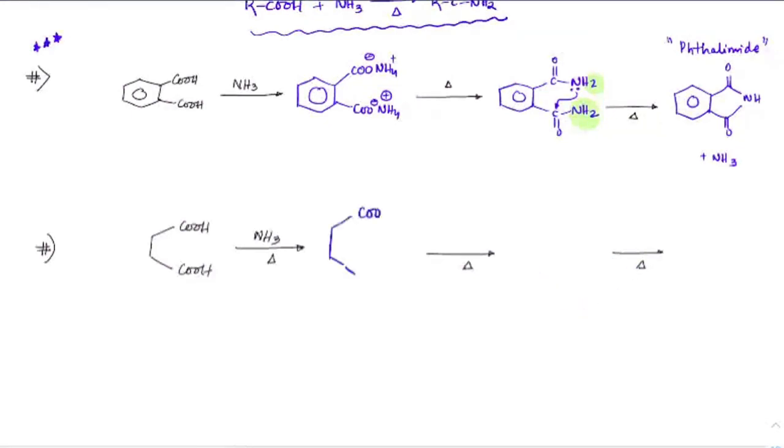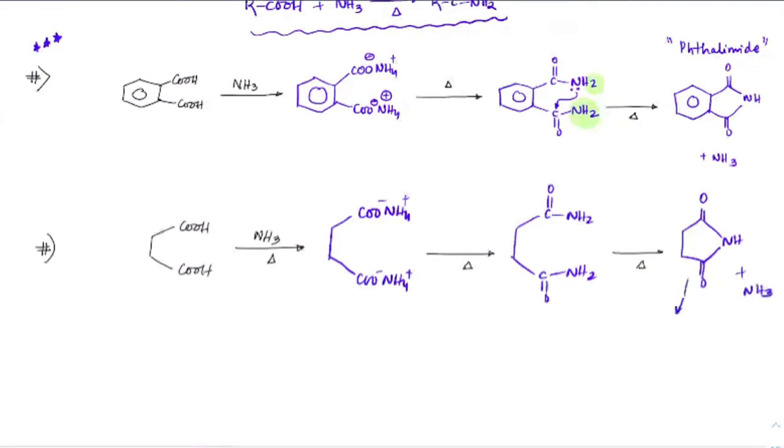So first one is C double bond O minus NH4 plus, C double bond O minus NH4 plus. That on heating will give us amide. Two amide groups on the same chain here will give away ammonia on heating. You'll have double bond O connected with NH plus NH3.